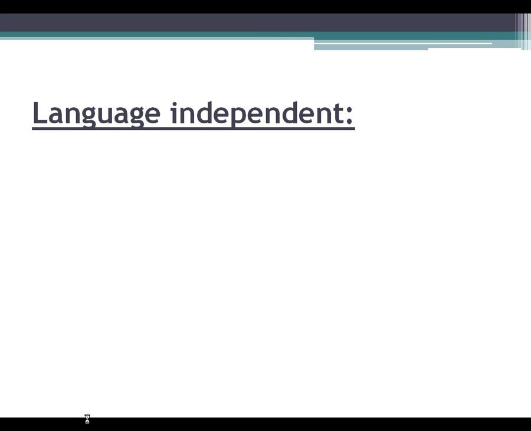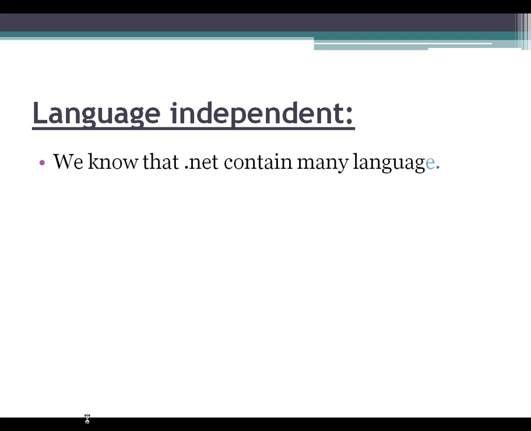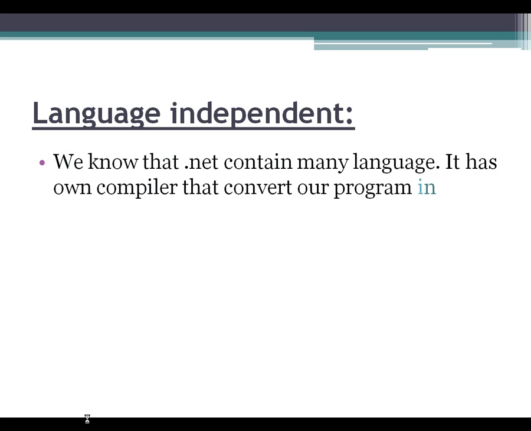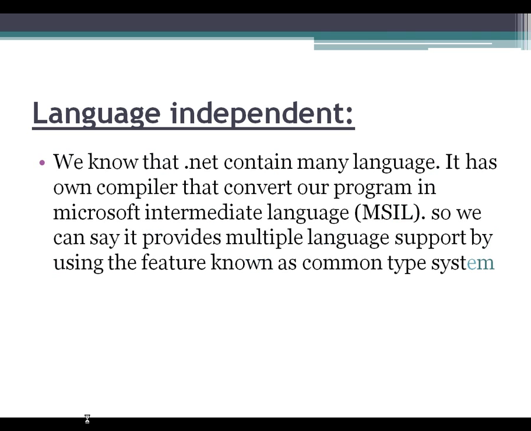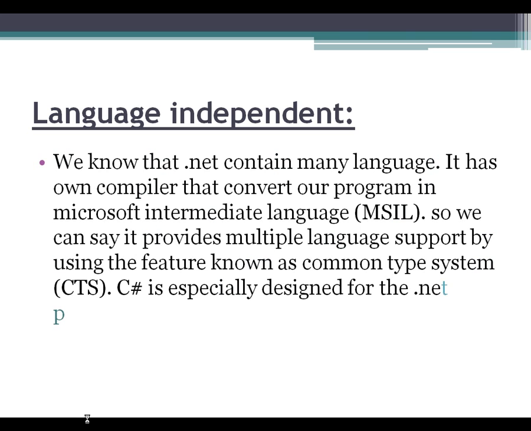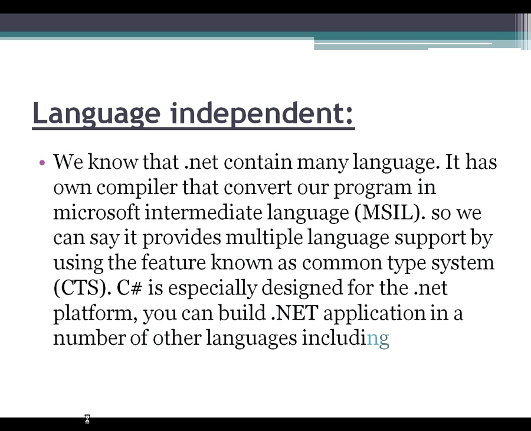NET is also language independent. We know that .NET contains many languages like Visual C Sharp language, Visual Basic language. It has its own compiler that converts our program into Microsoft Intermediate Language.